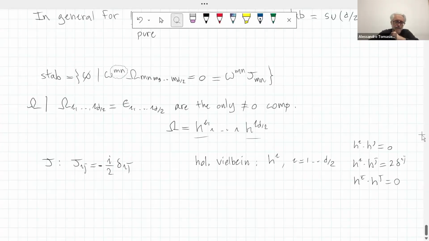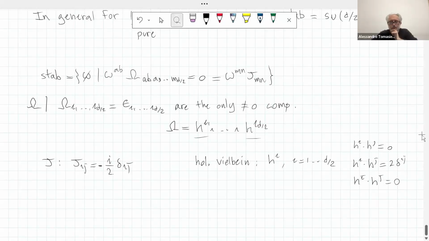And in real indices, we can more correctly replace this with flat indices and so on.